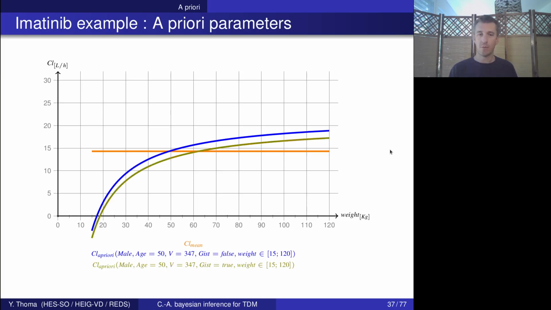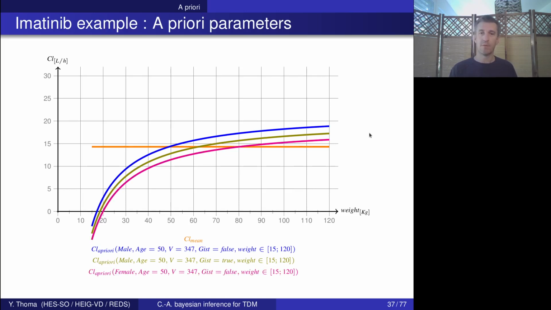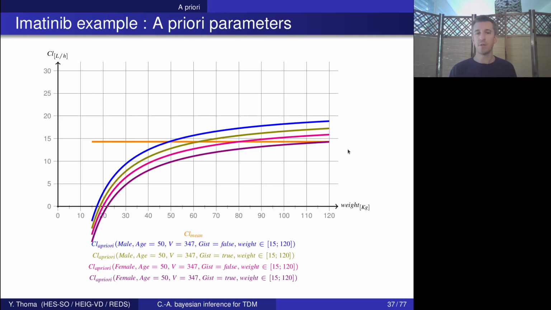If now we have a man with a GIST, we see that the clearance will be a bit lower than previously. If it's a woman, a female, then it will be lower. And if it's a female with the GIST, it will still be lower. All right? So it's just to show you how the weight would impact the clearance at some stage.